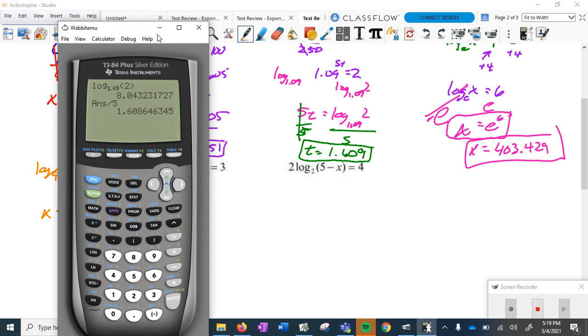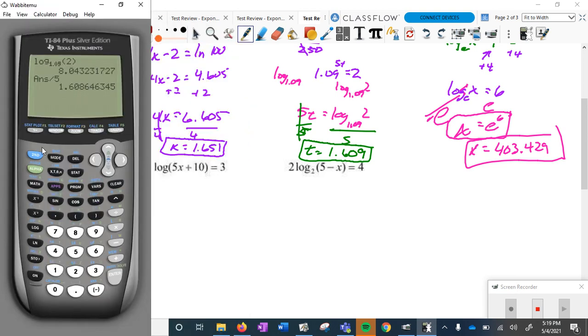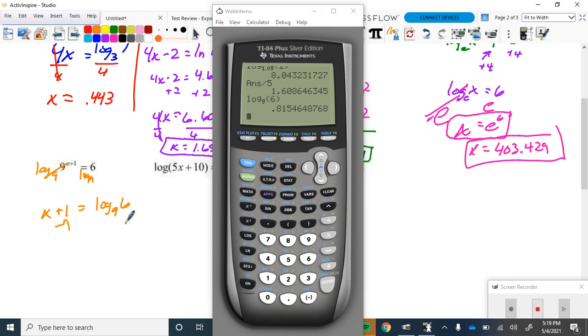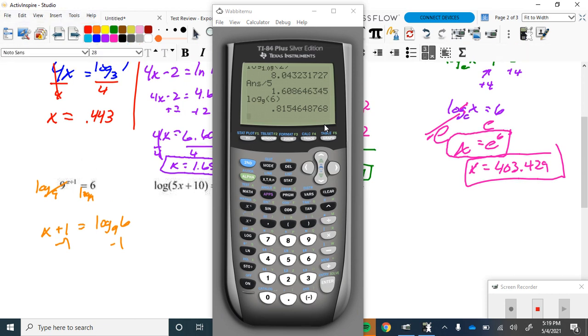So hit math, and then go up a couple, hit log base 9 of 6, that number, and then I want to subtract 1 from it.